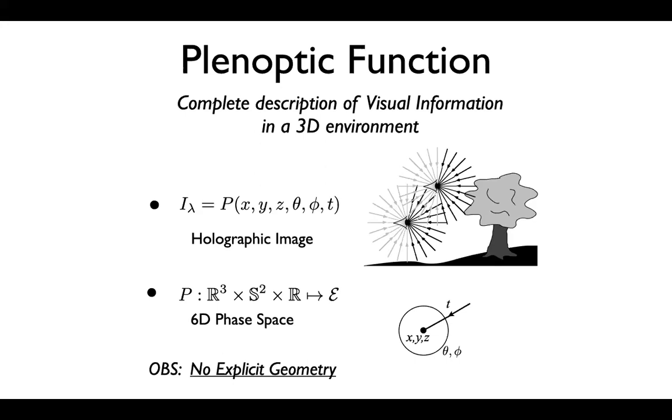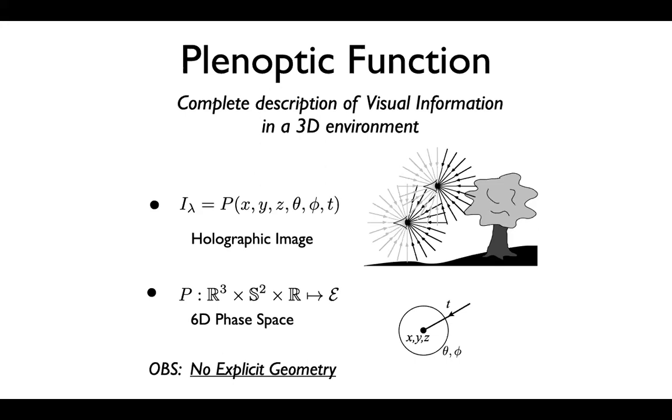Basically, for each point in a 3D space, X, Y, Z, we have the flux or radiance energy that comes from all directions. This is parameterized on the sphere, by angles theta and phi, right? And this depends on time.